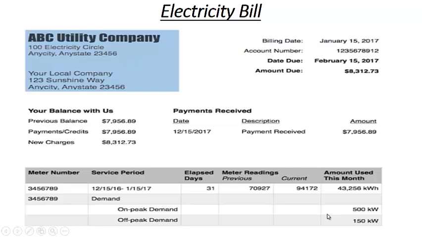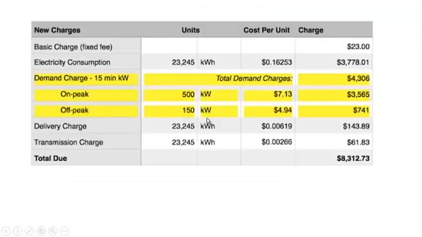Whenever there is least demand on the utility, the maximum demand of the consumer is 150 kilowatt, and maximum demand is usually calculated in 15-minute intervals. You can see it has given demand charges, that is 15-minute kilowatt, the period for which maximum demand is calculated.